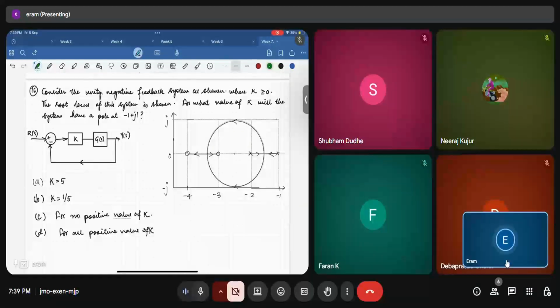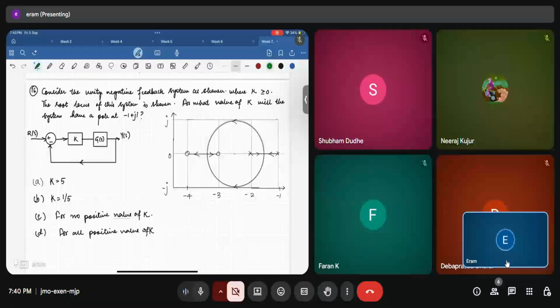Now in this question we have a unity negative feedback system with k greater than or equal to 0, and the root locus of the system is shown on the right. Identify for what value of k the system will have a pole at -1 plus j. So there is some open loop transfer function G(s) with k positive, and we have negative feedback, and for this system the root locus is drawn on the right.